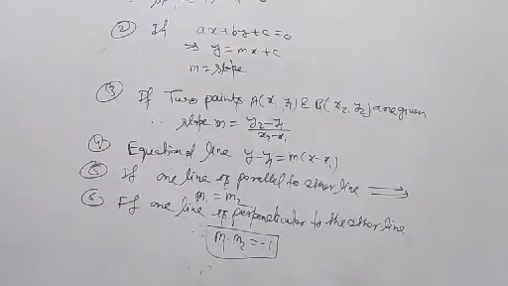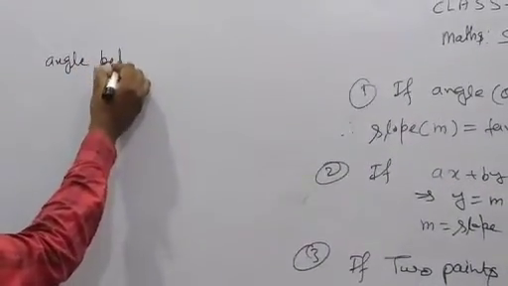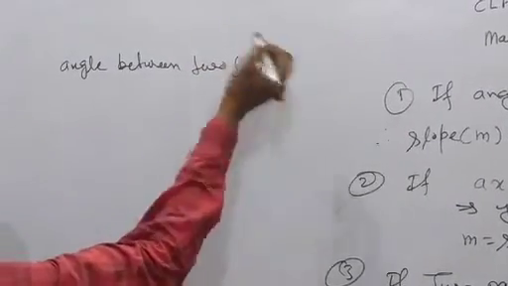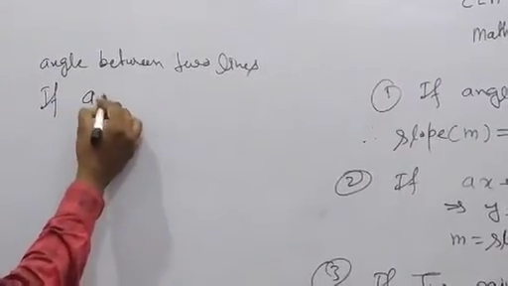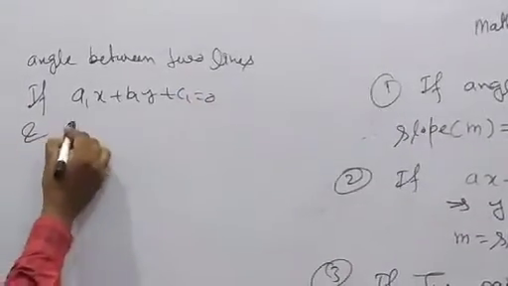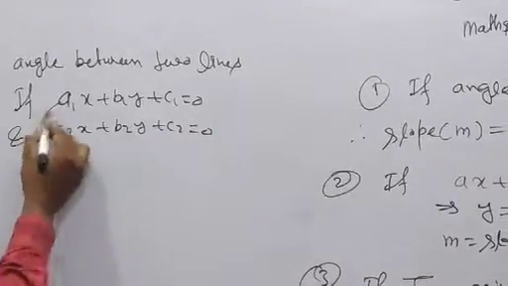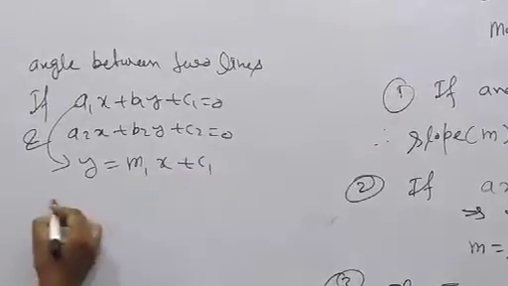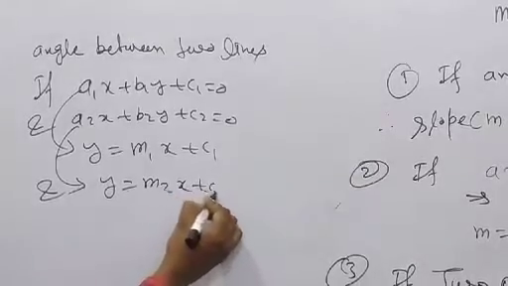Now what do we have to study? The angle between two lines. Understood? If a1x plus b1y plus c1 is equal to 0 and a2x plus b2y plus c2 is equal to 0, then from the first equation y is equal to m1x plus c1, and from the second equation y is equal to m2x plus c2.